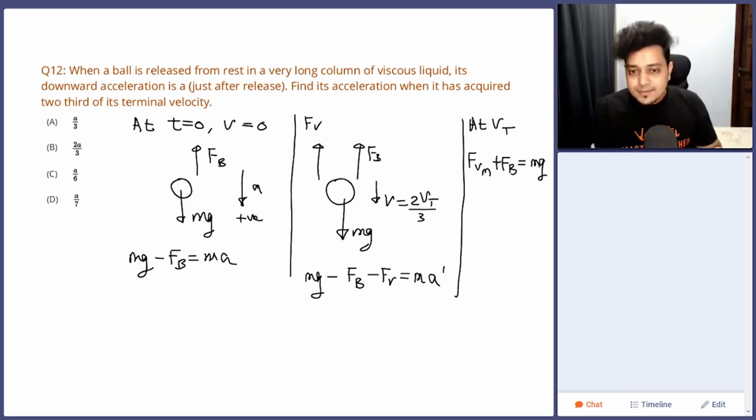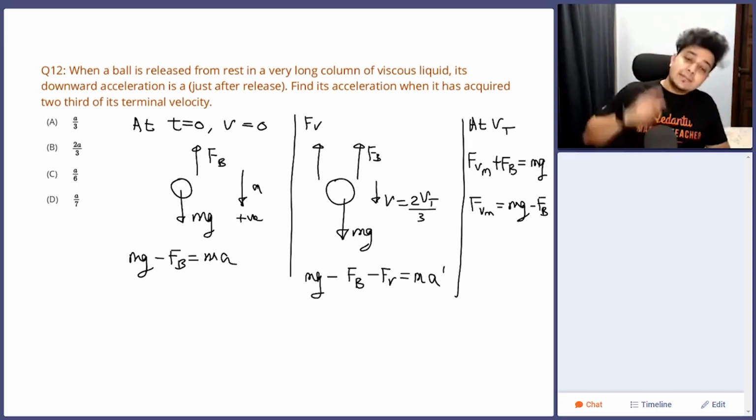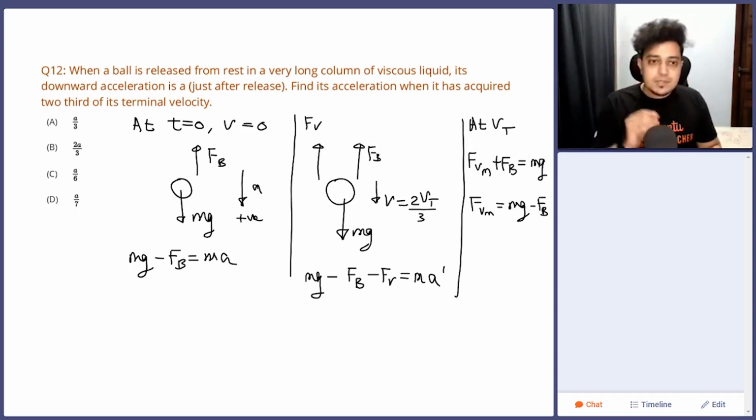So we can rearrange this for viscous force. We have to find out acceleration A dash. So viscous force will be equal to mg minus Fb, and we have to solve for that value of acceleration when the velocity is 2/3 of the terminal velocity.